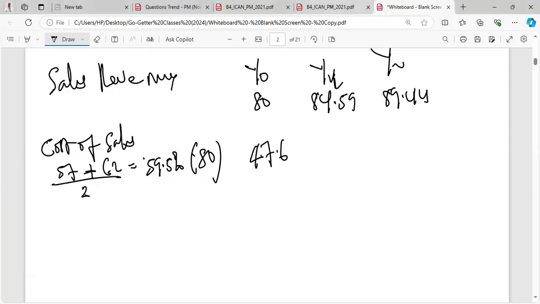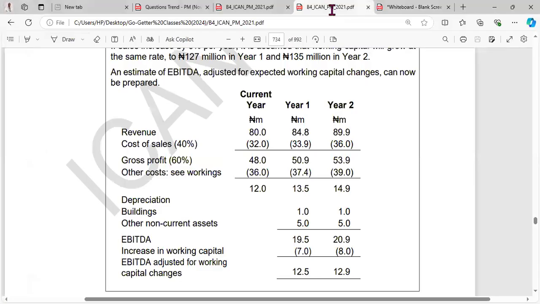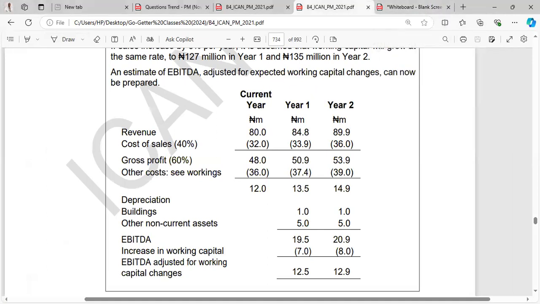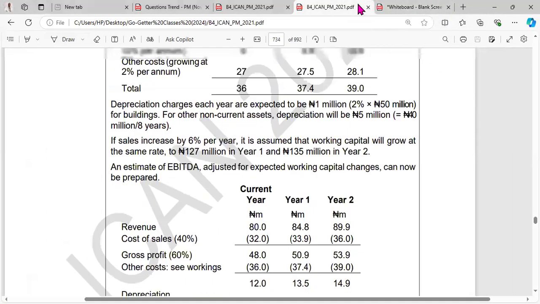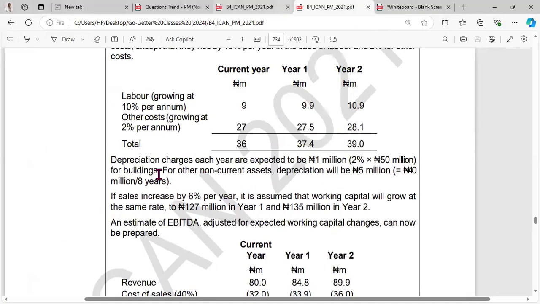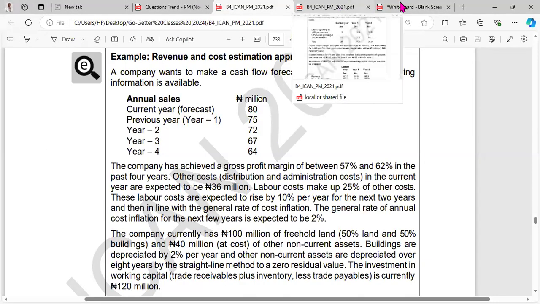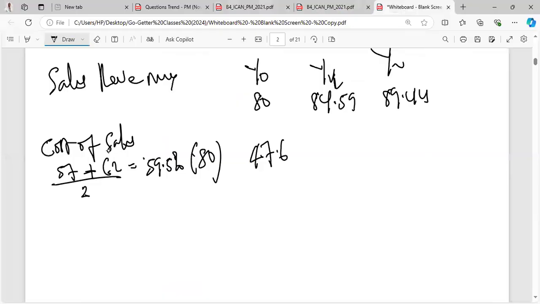47.6. In this example here, they use 48 because they assume it to be 40%. Sorry, what I was doing is gross profit.